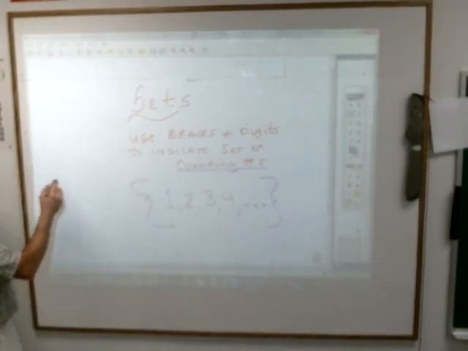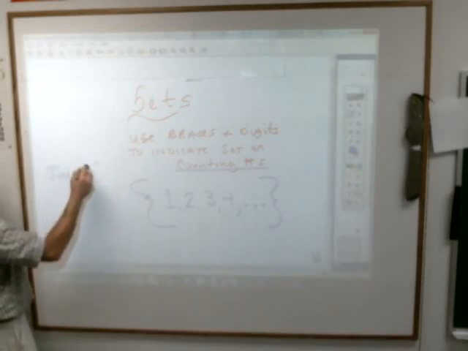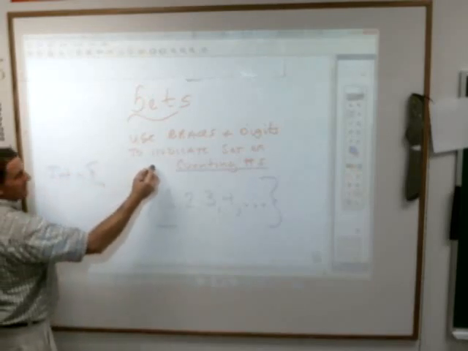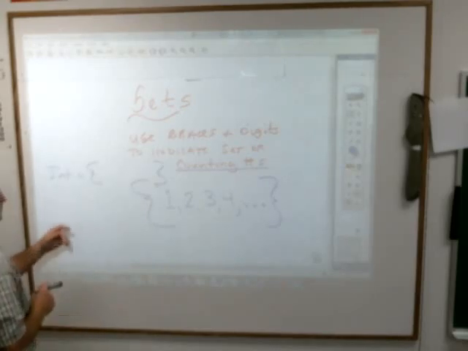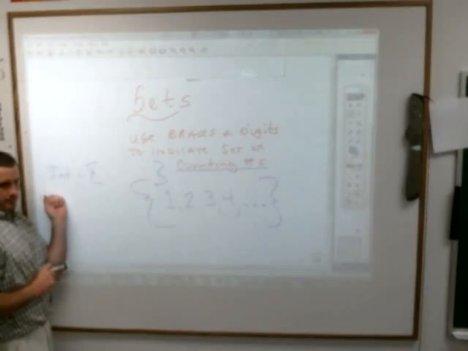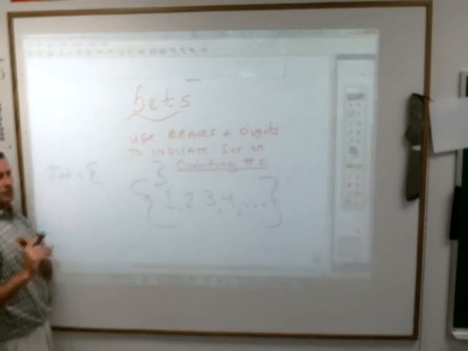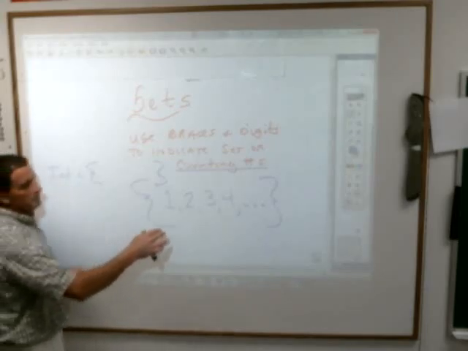If we were showing the set of integers, I could go integers equal. Now how would I show that as a set of numbers in the braces? Think about if you were asked to write integers. What are integers? They are both positive and negative whole numbers. So, do integers have a beginning? No, so the most logical thing to do would be to do the same thing we did here.